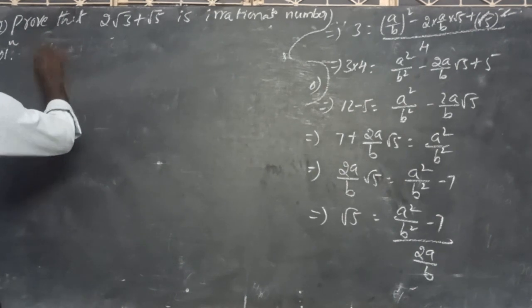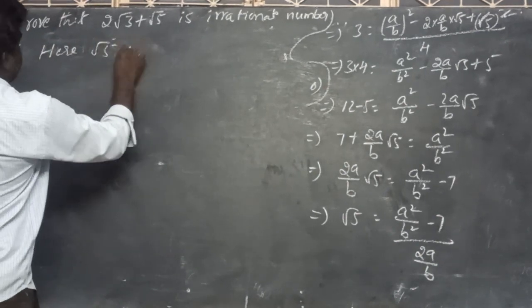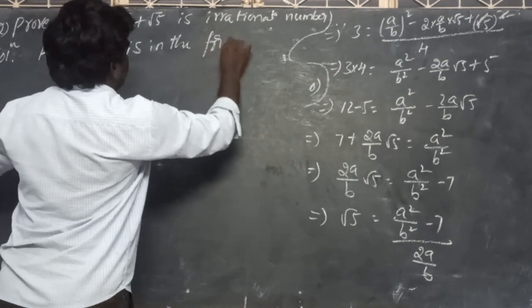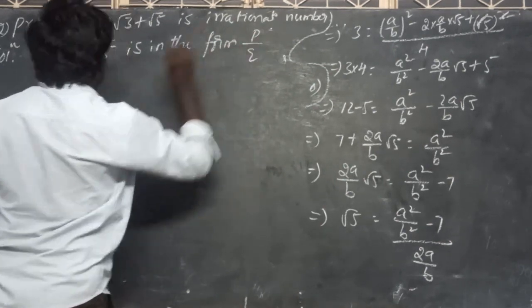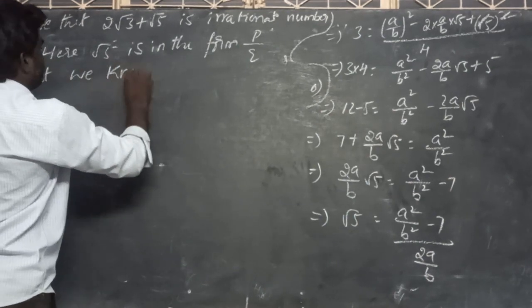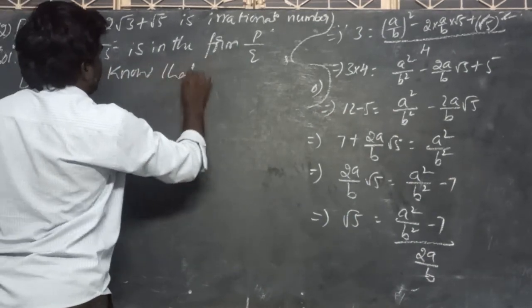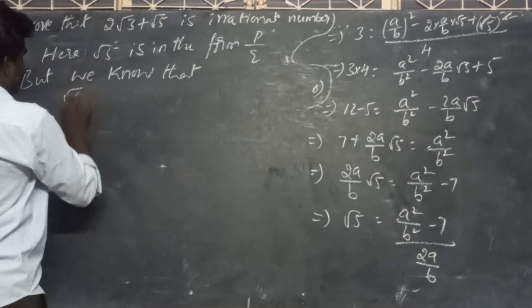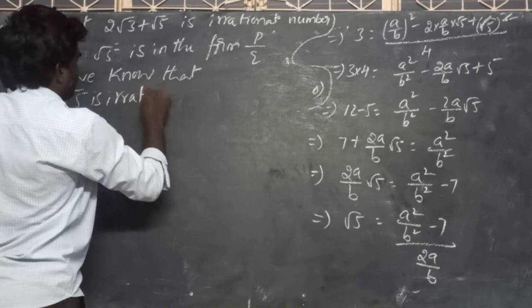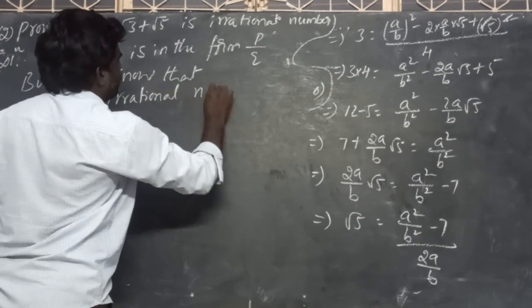Here root 5 is in the form of p by q. But we know that root 5 is irrational number.